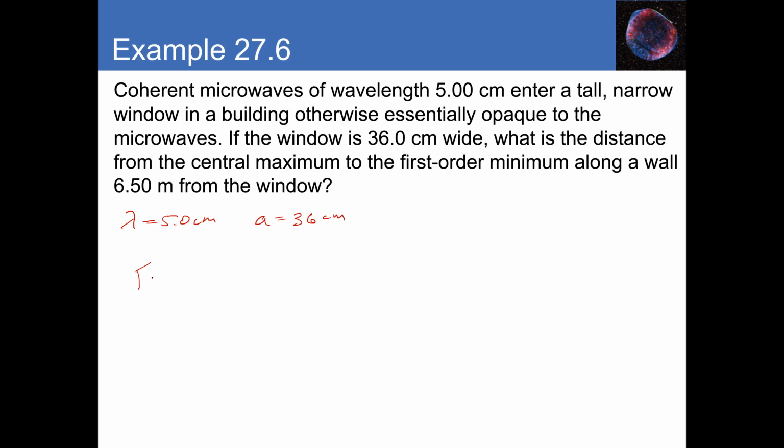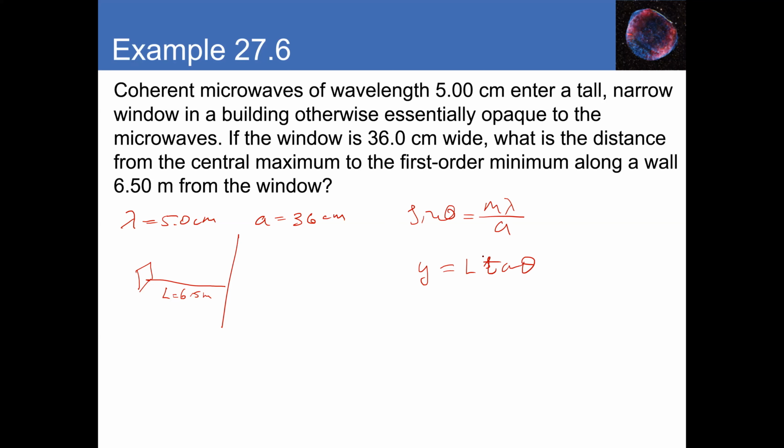Okay, so let's say here's a window and here's a wall, right? That means this distance L is 6.5 meters. All right, so we have a couple of ways to do this. Again, you can use sine of theta equals m lambda over a, and then y equals L tangent of theta.